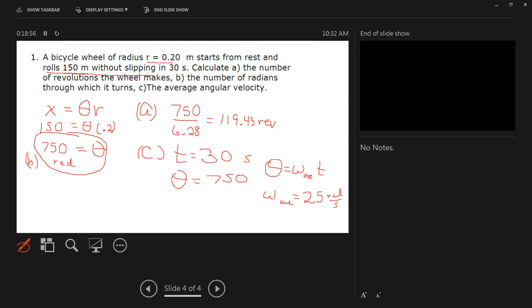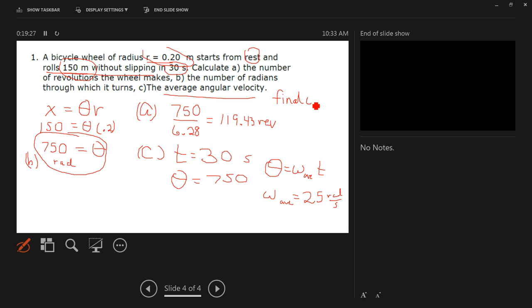Let's kind of make sure you identify what the terms are up here, what each of the numbers means. The fact that it started from rest is not used in this particular case because we only looked for the average angular velocity. What if we wanted to know the final value of omega, right?